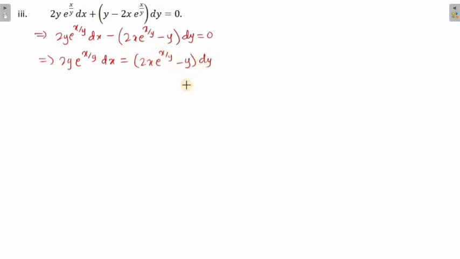dy. And my aim is to find, remember, since it is given in the form of x by y, we have to find dx by dy. So bring this dy out here, take this to that side. So you get dx by dy is equal to 2x e to the power x by y.